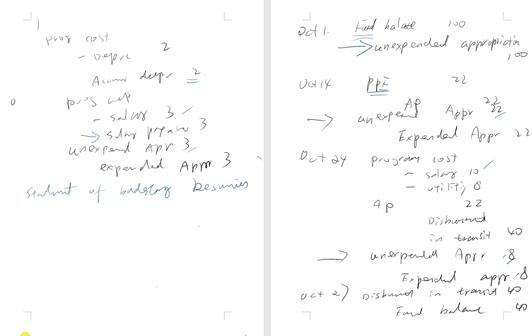Basically, we're going to show the budgetary resources and the usage of the budget. The only resource we have is appropriation. That's 100.